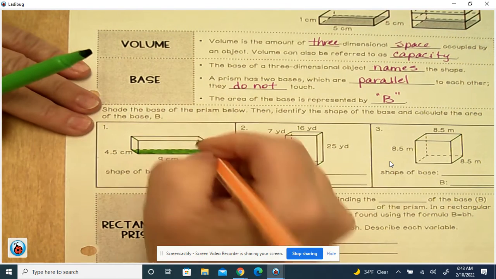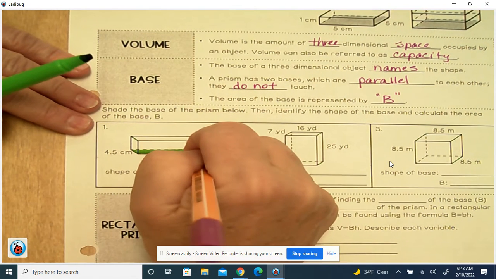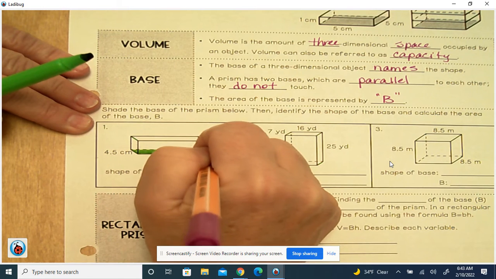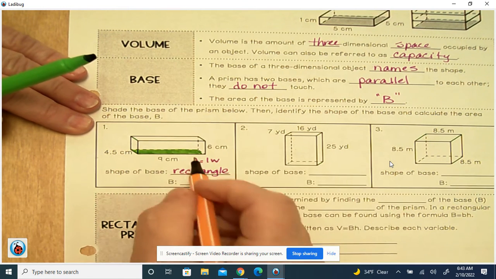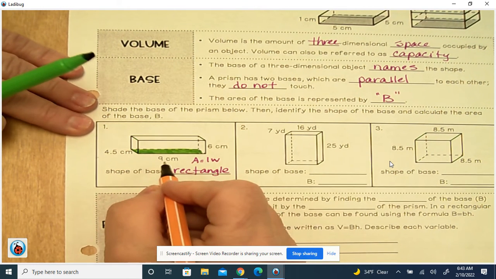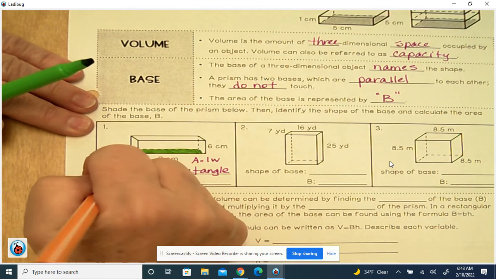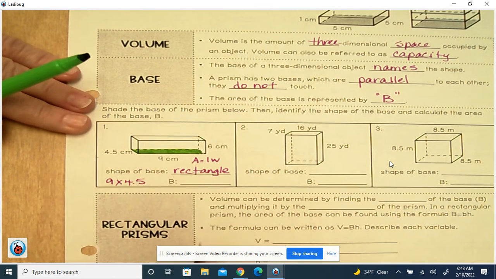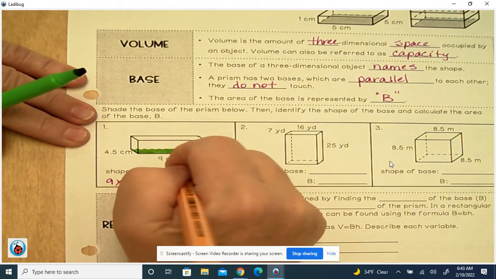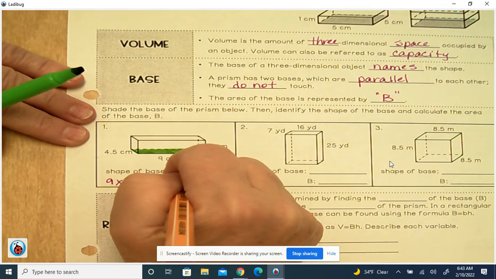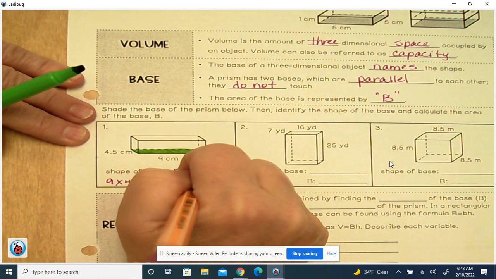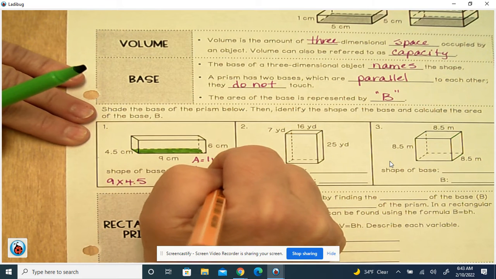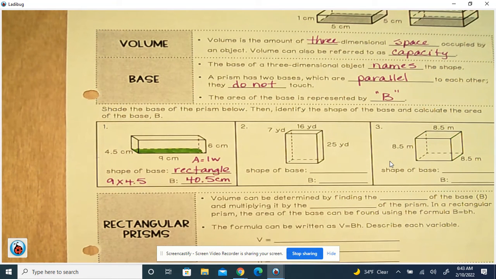Okay, and to find the area of a rectangle, we know it's length times width. So length times width here would be 9 times 4.5, and that's 40.5 centimeters.